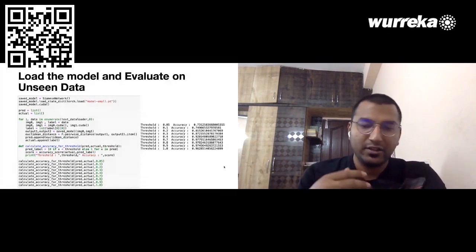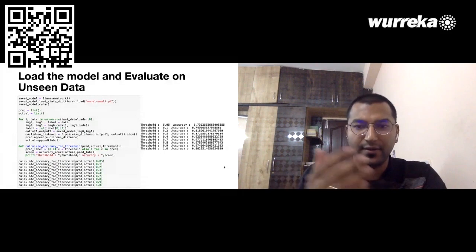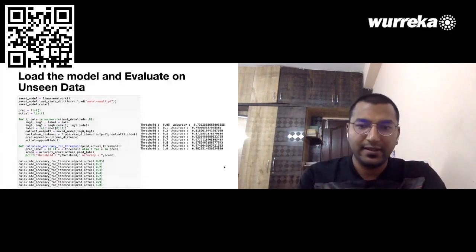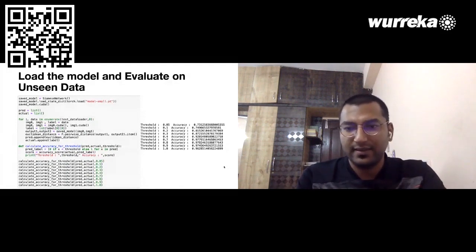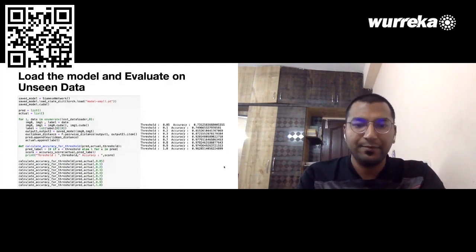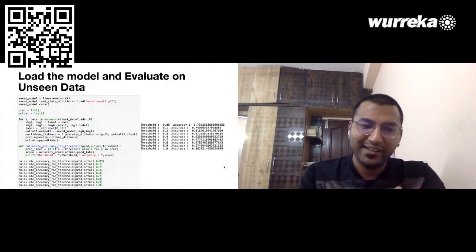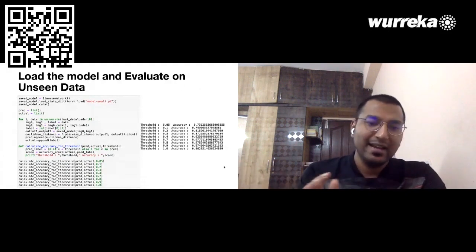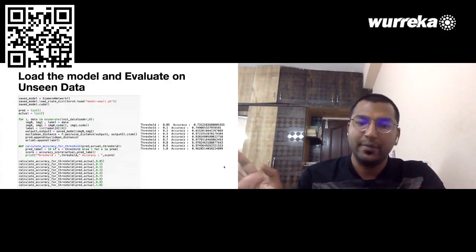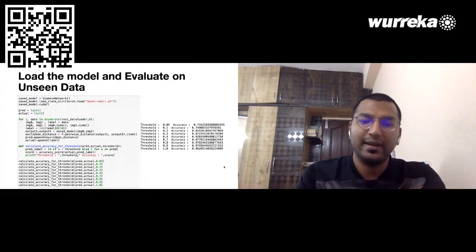You can see that I started the threshold from 0.05 and kept on increasing till 0.9, 1, and then we printed out the accuracy that we are getting. If you see, around 0.8 we were getting around 97% accuracy. And this is achieved by training a model on 3 people's signatures, validating on another 3 people, and finally testing on a completely different set of 3 people, and that's the result we're getting, for such a small scale itself.